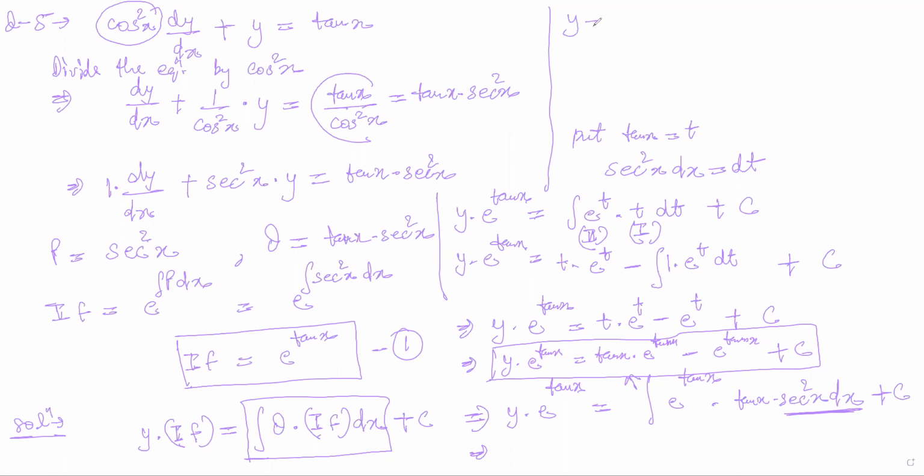This becomes y is equal to, e to the power tan x removes from here. If you divide this whole expression by e to the power tan x, okay, it looks like this. If you take e to the power tan x from the left hand side to the right hand side, it becomes 1 by e to the power tan x equals tan x into e to the power tan x minus e to the power tan x plus c, right?